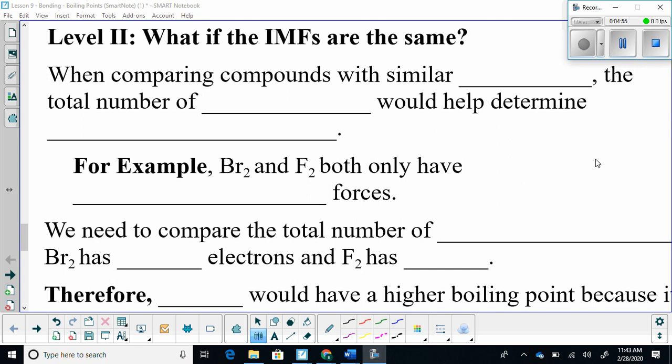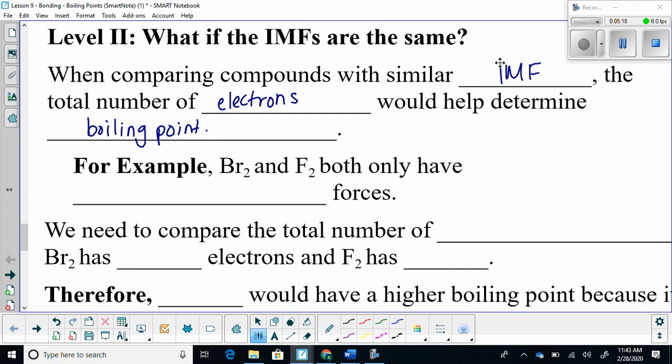So when comparing compounds with similar intermolecular forces, the total number of electrons would help determine boiling point. Now, I want us to be very careful.